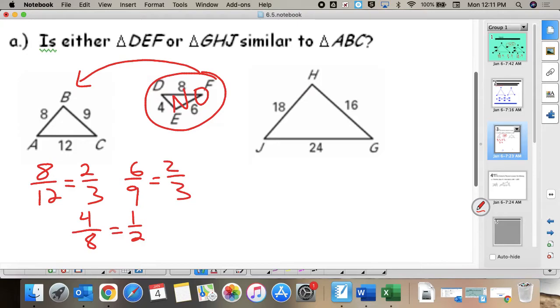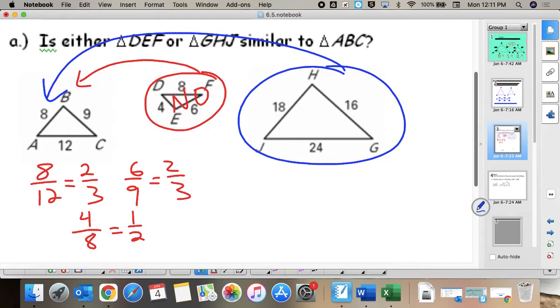Now it says, is either triangle DEF or triangle GHJ similar to triangle ABC? So let's try GHJ. Is it similar to ABC? So once again, we'll do big over big. We're looking at 24 over 12. Reduces to 2 over 1.